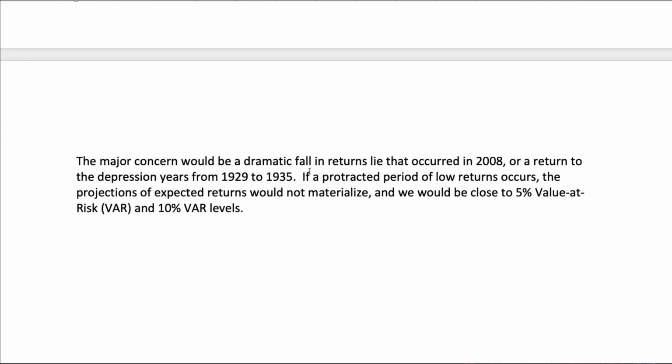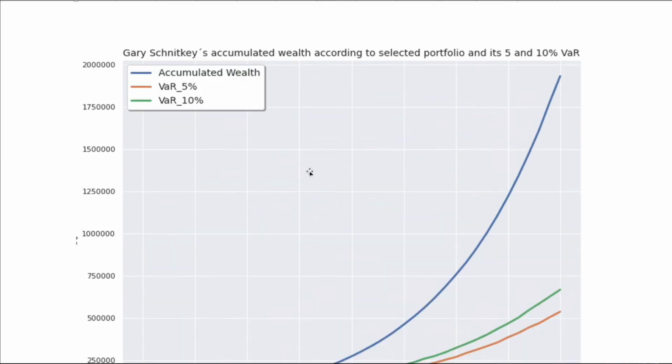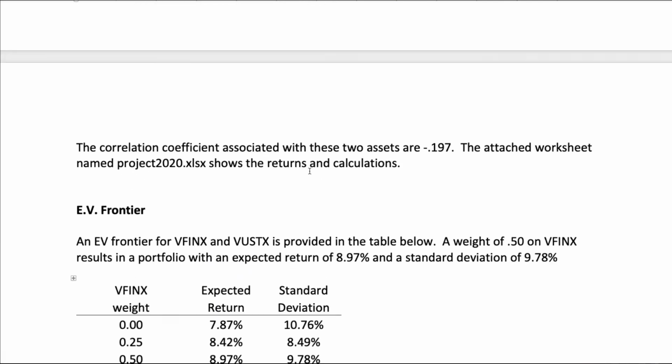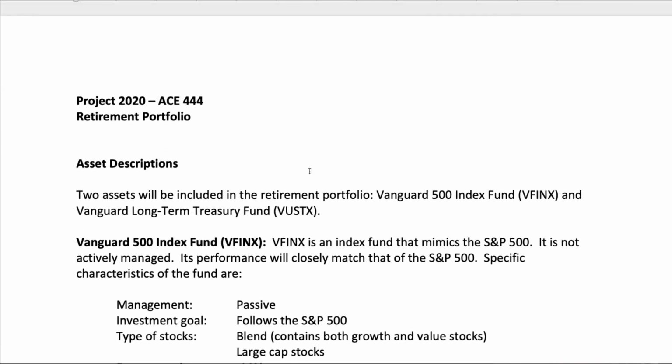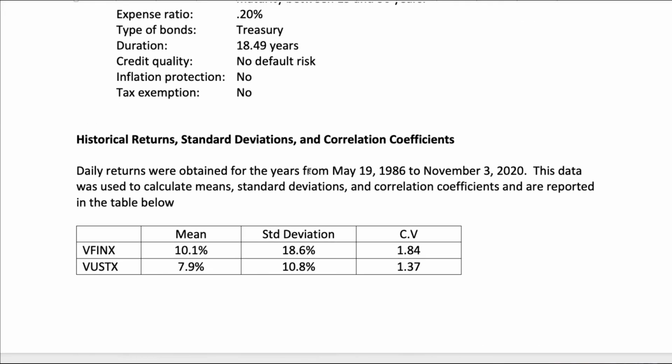Again, that's what I'm looking for here. You list the risks that you are concerned about. All right, the write-up of this portfolio or your retirement portfolio is pretty straightforward. You have to go out, pick the assets, and do the work.